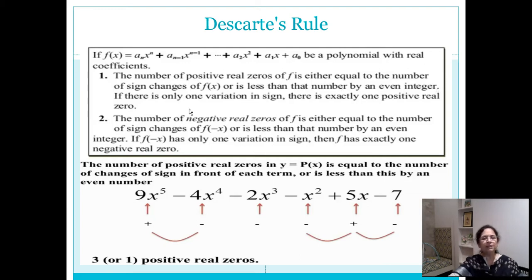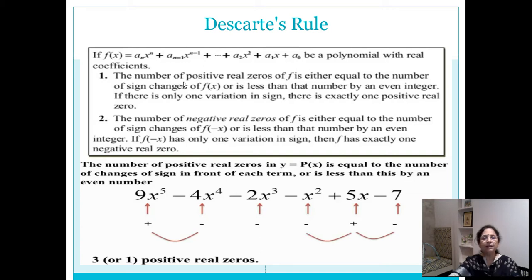This only means that if we count the number of sign changes in the given polynomial expression, that number equals the positive real roots. When we say zeros, these are nothing but intersections with the x-axis, where f(x) equals 0, and so they are called zeros. So these are nothing but the positive real roots.